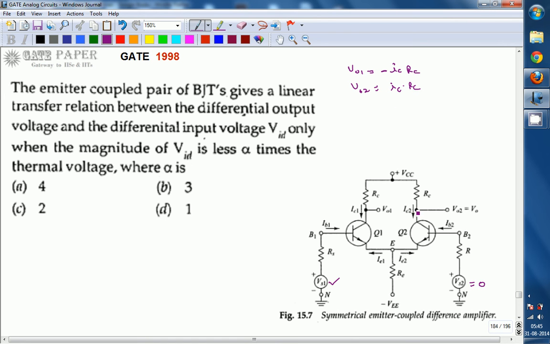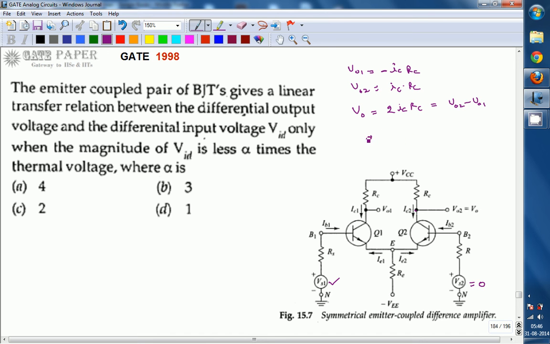The output of Q1 is 180 degrees phase shifted, whereas the output of Q2 is in phase with the input signal. So for the total, V0 is equal to 2 times IC into RC, which is V02 minus V01.